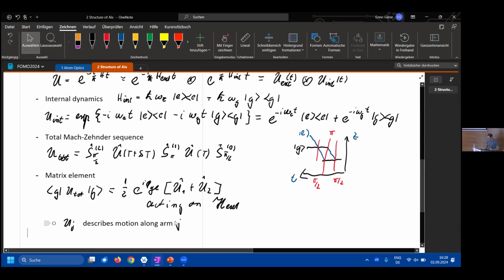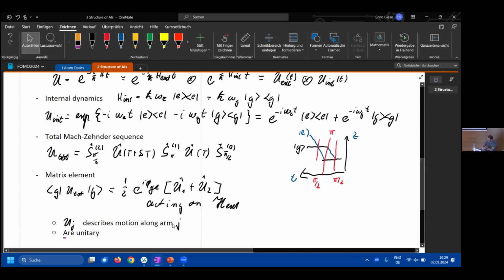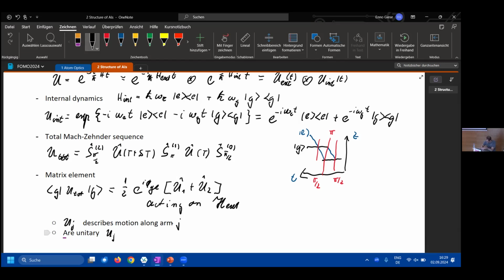And we will see that those are unitary as well, which implies that Uj dagger times Uj is equal to the identity of the external degrees of freedom.